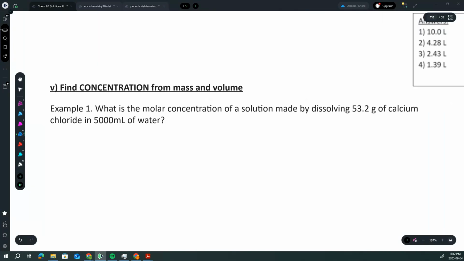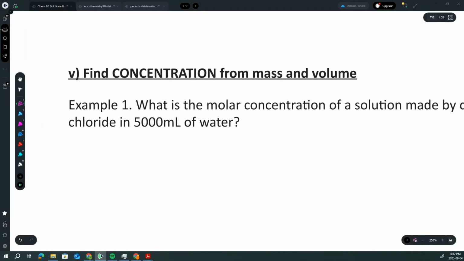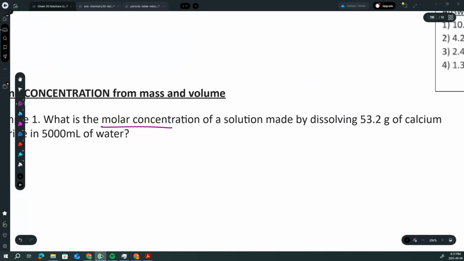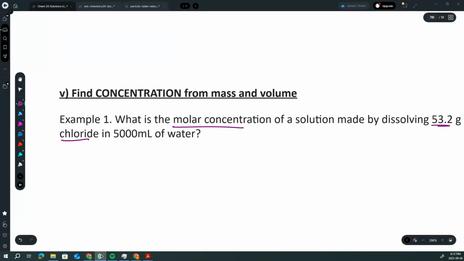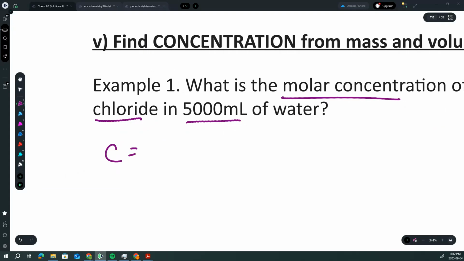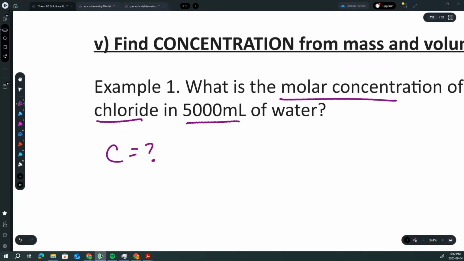All right. Last but not least, we are going to be finding concentration from mass and volume. So for our first example here, it's asking what is the molar concentration, which is just same as concentration we've been talking about, of a solution made by dissolving 53.2 grams of calcium chloride in 5,000 milliliters of water. So concentration, we've got no clue.